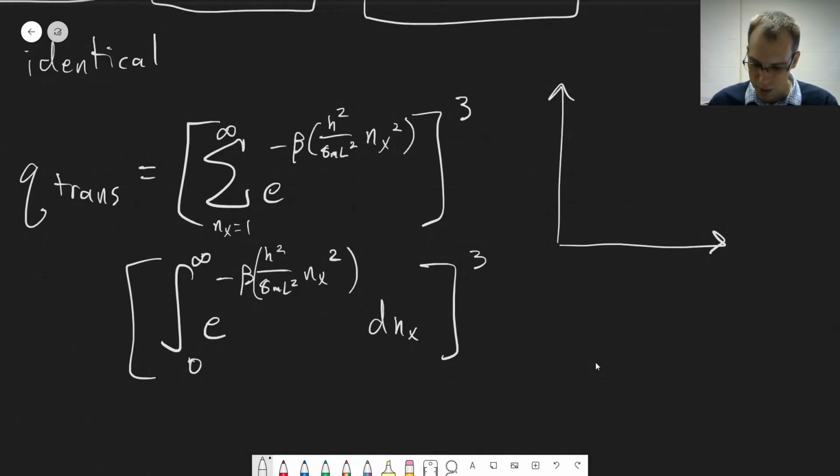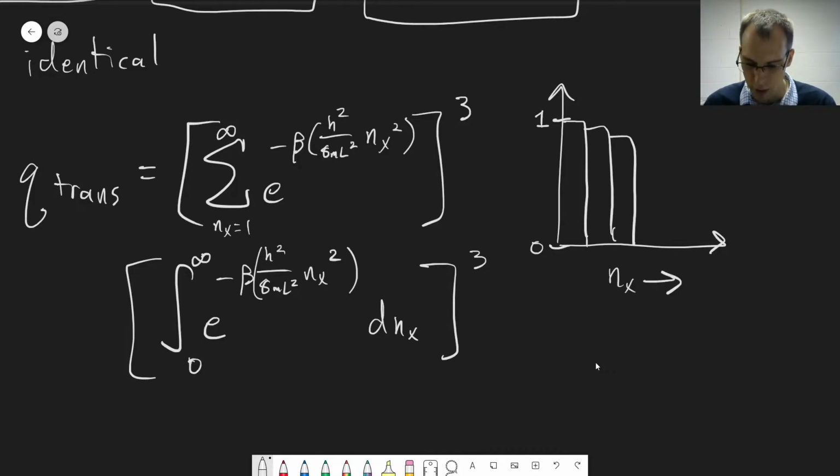Each of these terms is going to be some value between 0 and 1. That's the nature of these Boltzmann factors. And they're each going to look something like this, where down here is 0, maybe 1 is up here, and we have our different nx values going along the x dimension here.